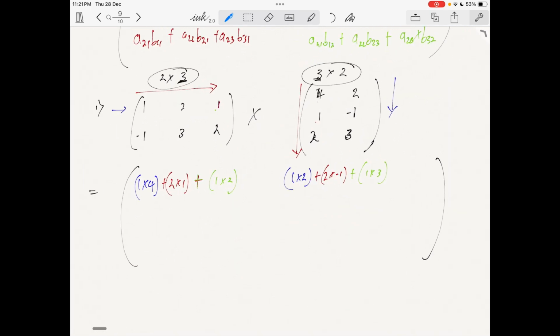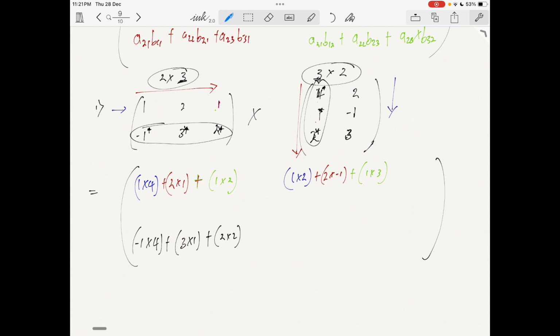That means we are working with this and this, so we will have minus 1 multiplied by 4, we take this and this, and then plus 3 multiplied by 1, plus 2 multiplied by 2.